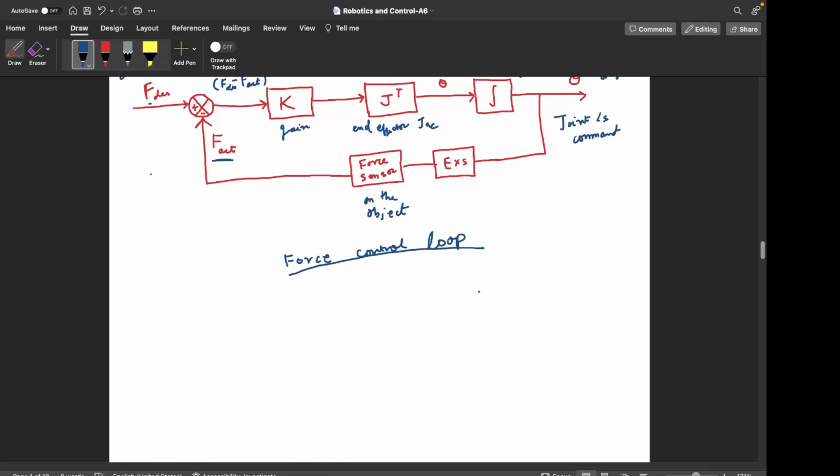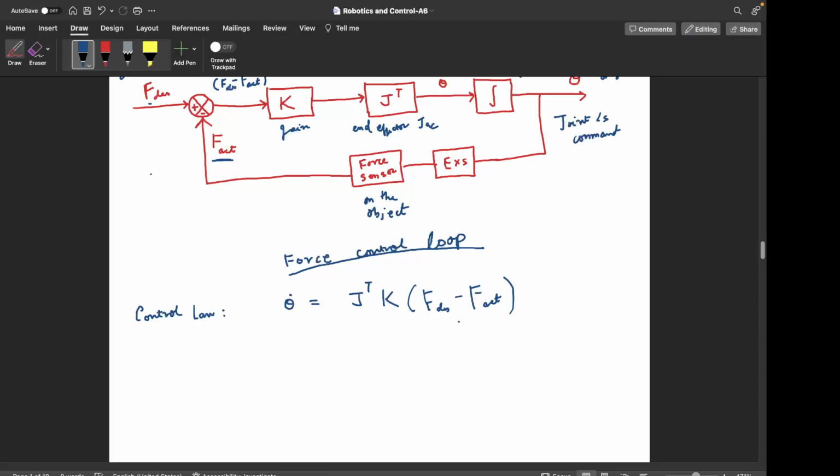All clear till here? So we can write the control law very simply. The control law is the mathematical expression of what's being described by that block diagram. Basically we are computing theta dot as J transpose times k times (f desired minus f actual).